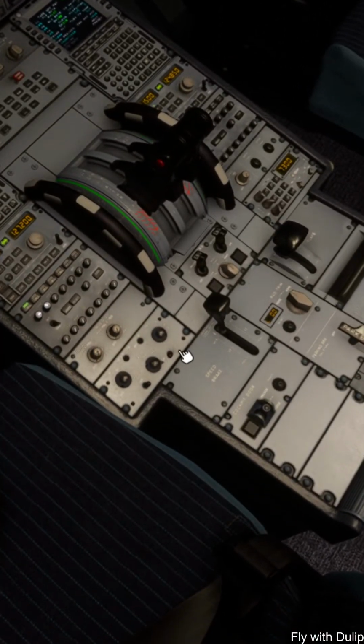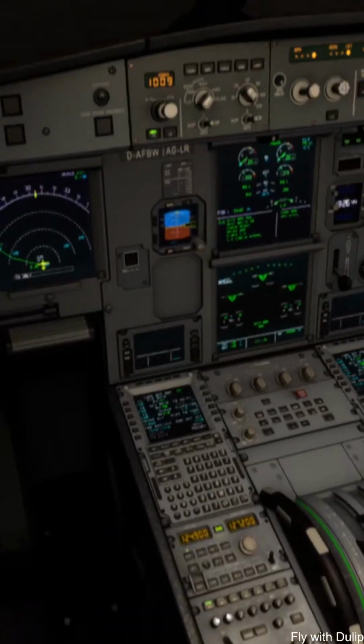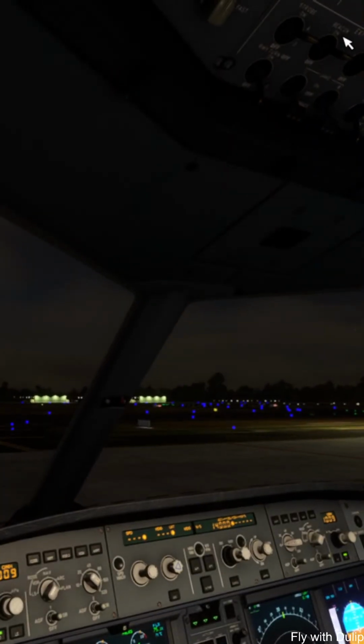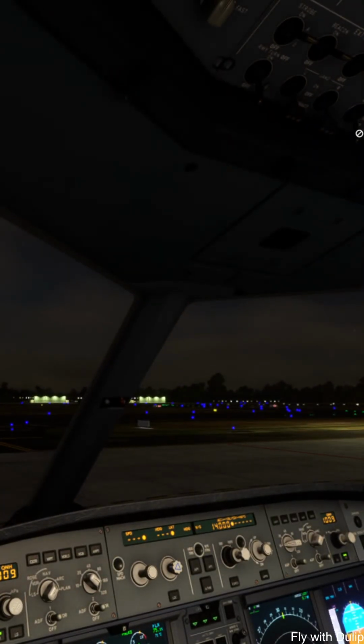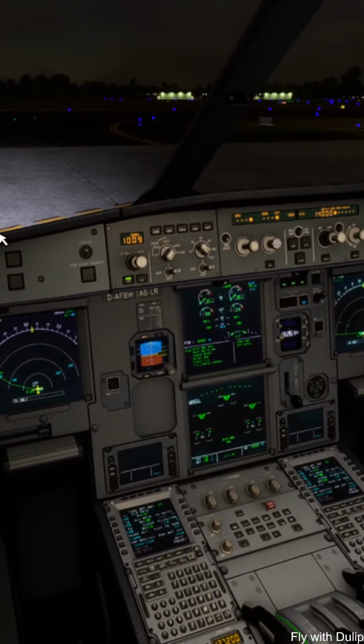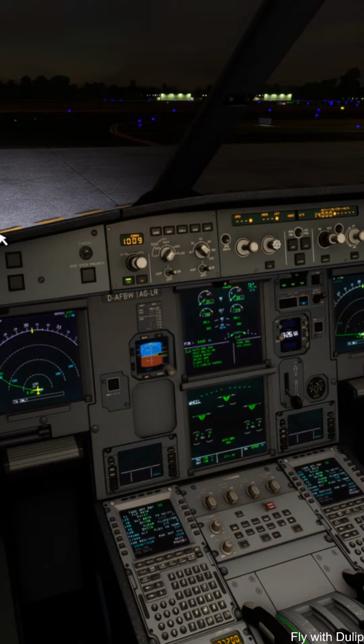Predictive windshear on. ECAM status no blue. After start checklist completed, and now we are going to depart.